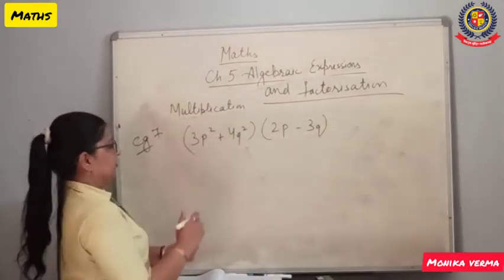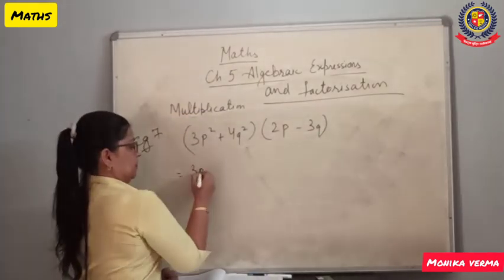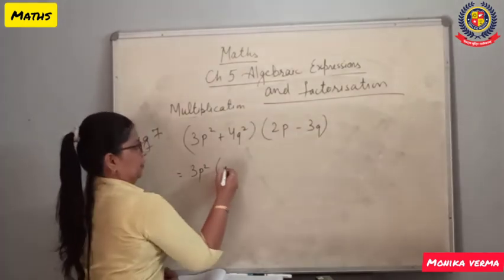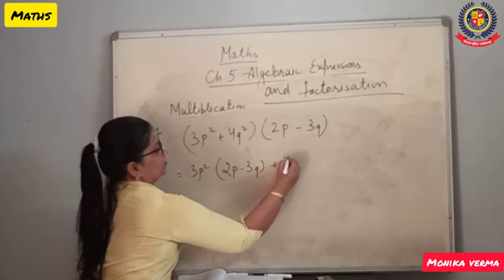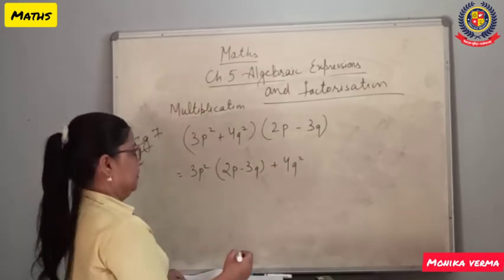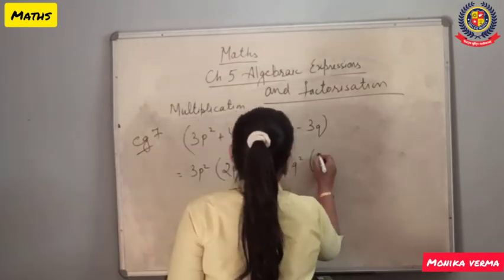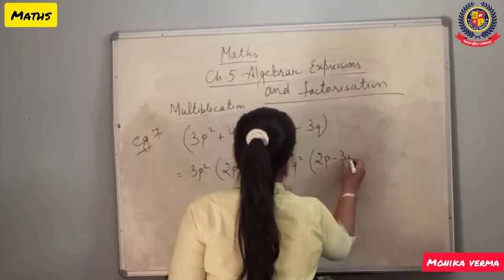Again I will take the first term and this whole: 3p² plus 4q² into 2p minus 3q.